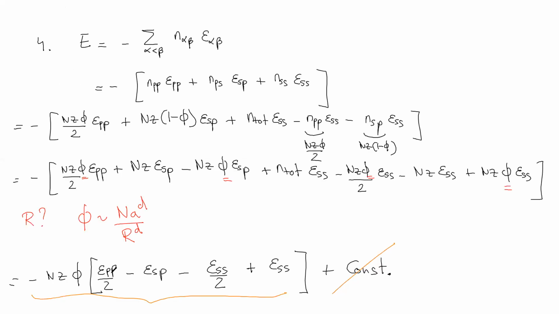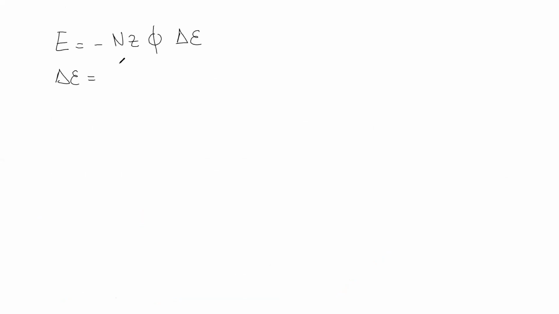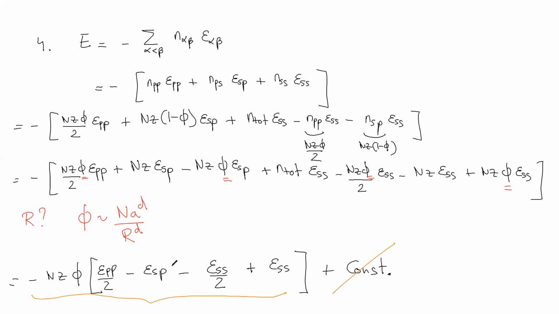So the total energy for my problem can be written as minus NZ phi with some quantity that I can define as epsilon PP over 2 plus epsilon SS over 2, and then a minus related to epsilon SP.